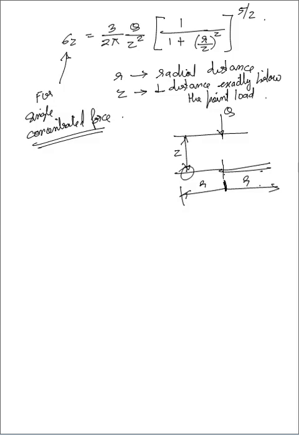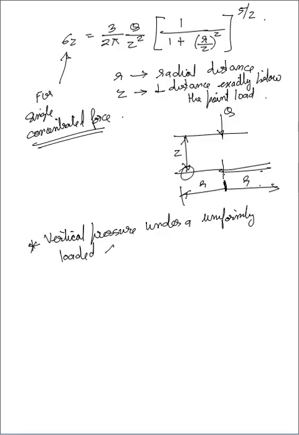So basically it is vertical pressure. In the same way, vertical pressure under a uniformly loaded circular area. If the area is like this, a circular area, there will be some radius.